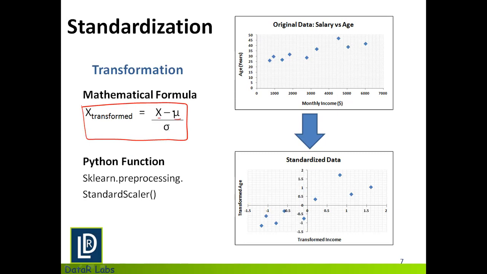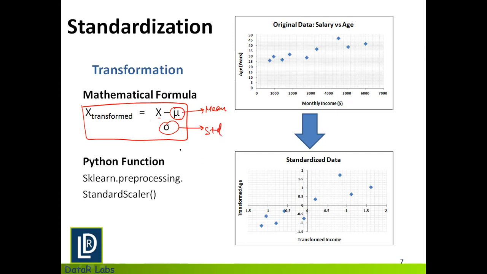Now, what is mu and sigma? We have discussed this in one of our other videos. I'll put a link to that video in the description box. But for now, just understand that mu is nothing but the mean of the entire variable, and sigma is the standard deviation of the entire variable.